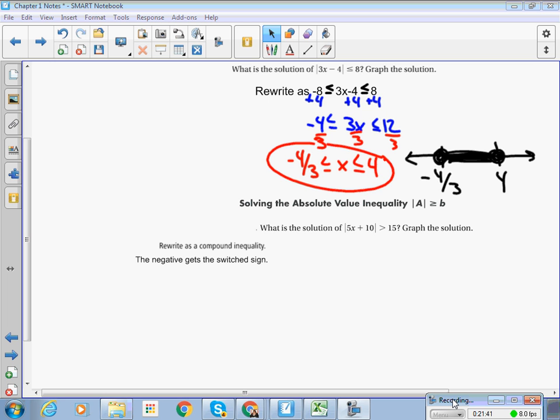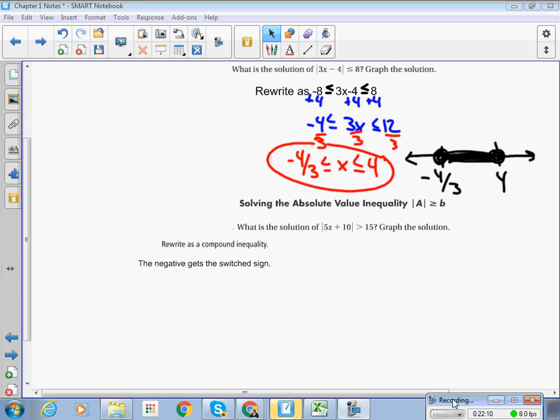All right, so we're going to solve the absolute value inequality for the other scenario where we have a greater than sign. So go ahead and write this on your paper, the absolute value of 5x plus 10 greater than 15. In this scenario, we're going to rewrite as a compound inequality.